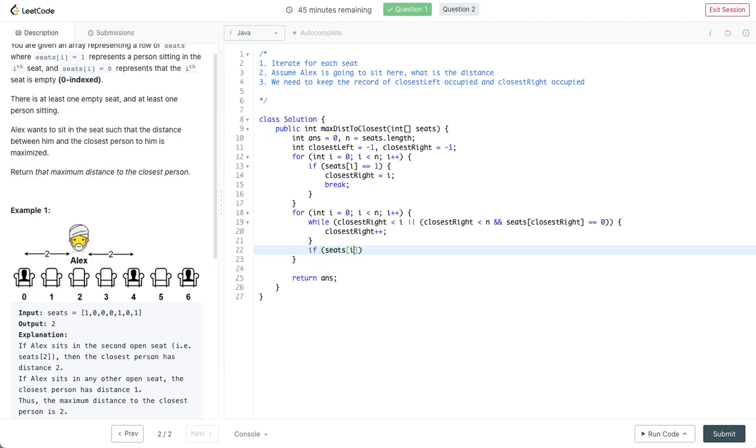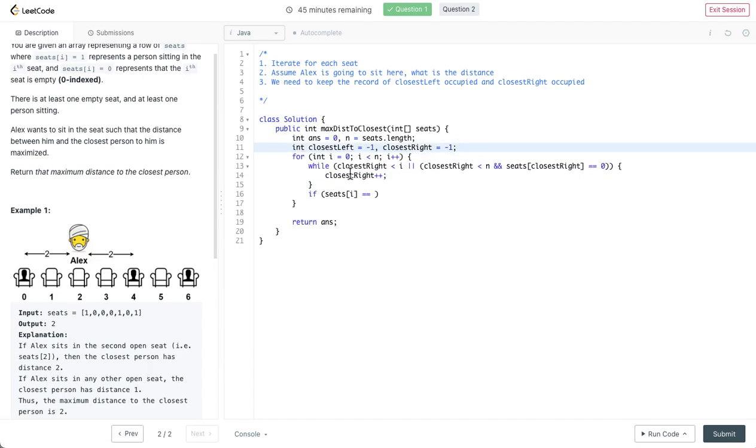If seat I is actually equal to 1, then it means the closest left is equal to I. Else it means that this is actually an empty state.